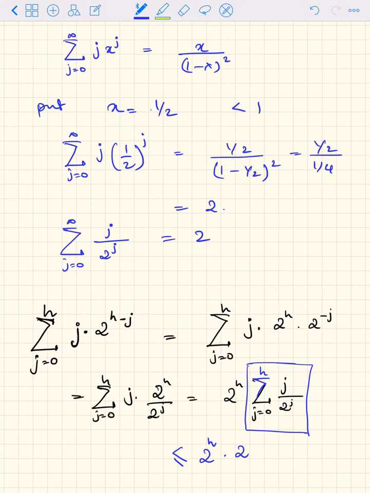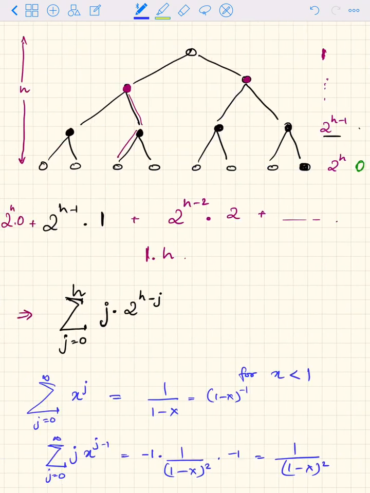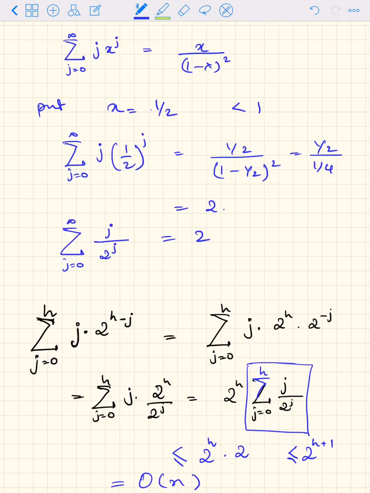So this is less than or equal to 2 to the power h plus 1. And so this is basically order of n, because if you remember, n was 2 to the power h plus 1 minus 1. And so that is your proof that Heapify can be done in big O of n. Okay.